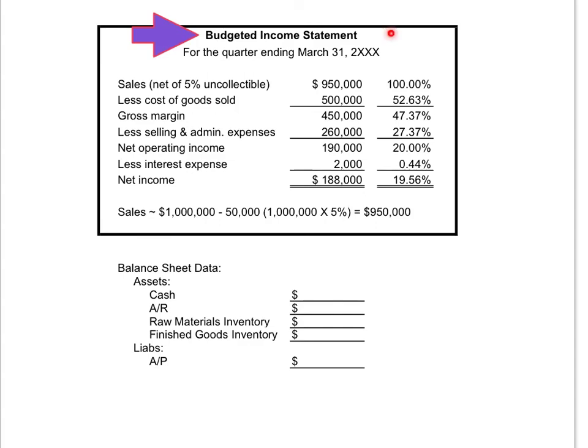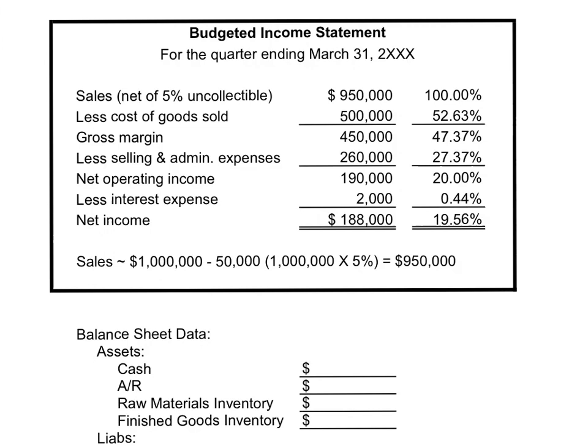We are now going to do a budgeted income statement for the quarter ending March 31st, whatever year you want to pick. So sales, 950,000 we got right here from our sales budget.